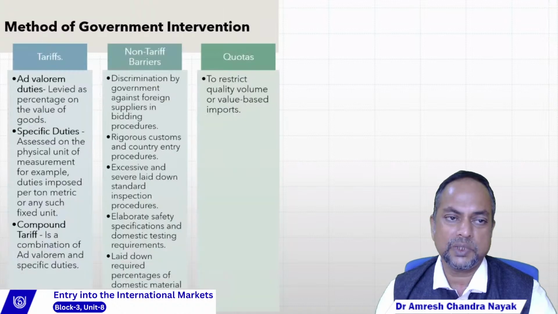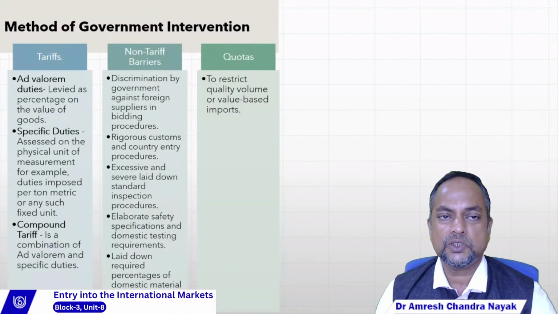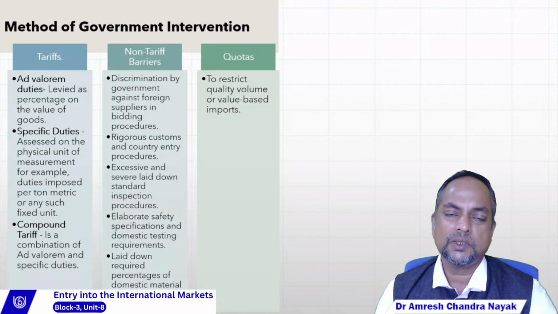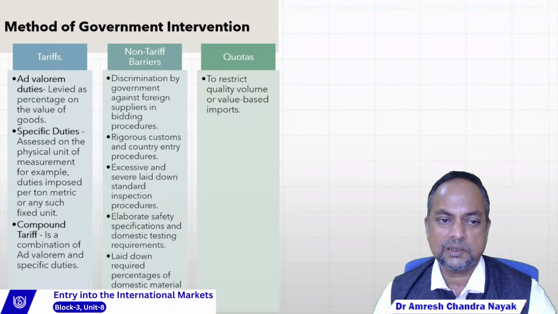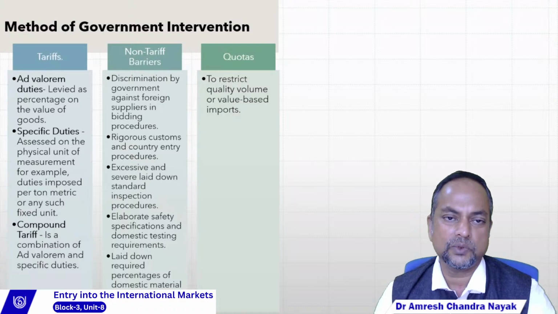Just to end up, these are the ways by which government intervenes: some sort of tariffs, some sort of non-tariff barriers, and some quotas itself, right? Imported products are imposed some sort of taxes, duties, levies, and non-tariff barriers like action against certain foreign suppliers in the bidding process or the country entry process, all of those things, right?